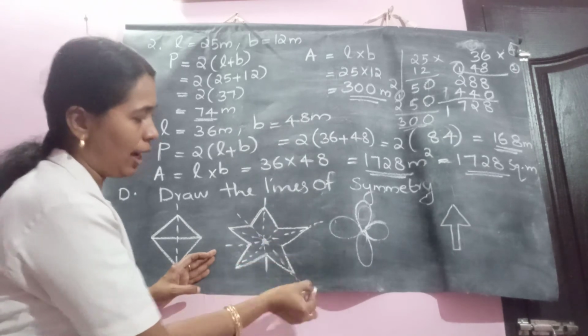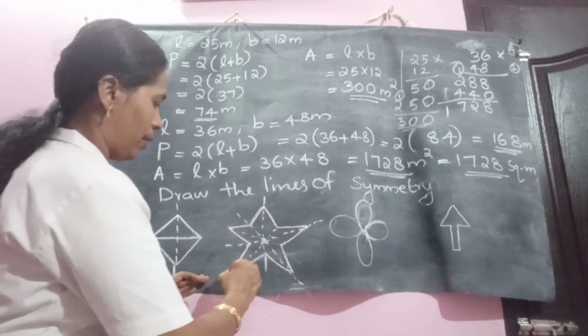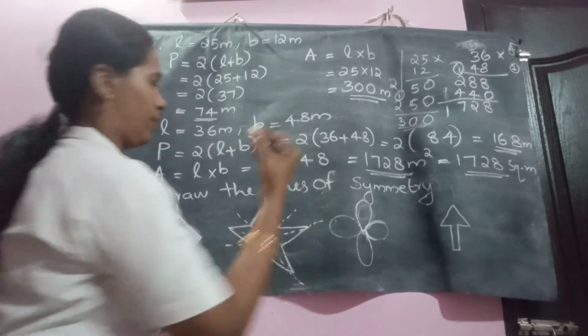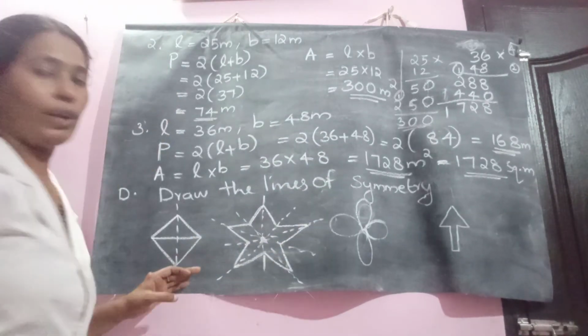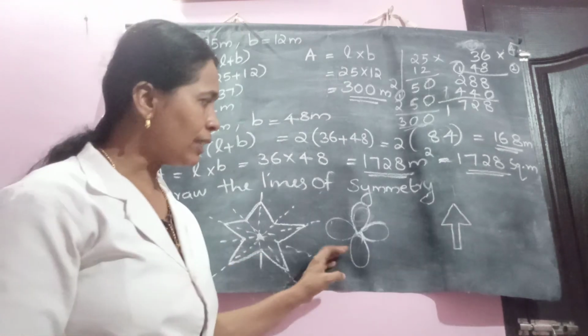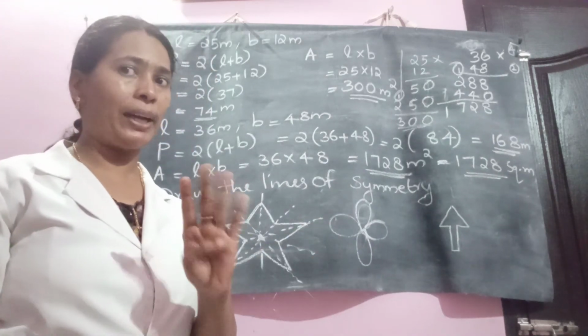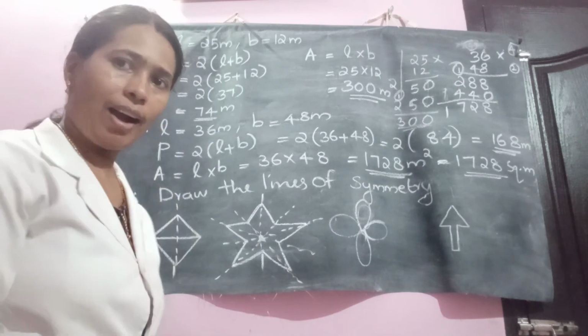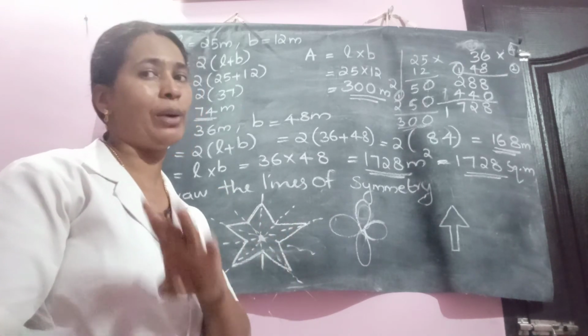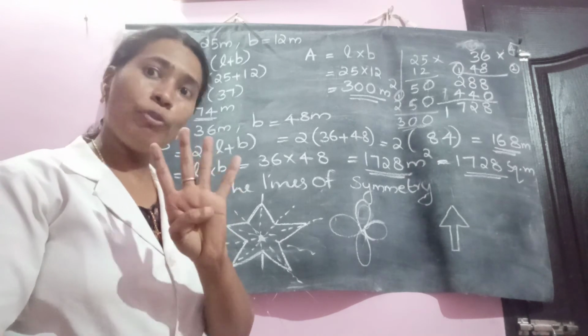Extend a little bit up and down after this also. Like this. 5 lines of symmetry. Next one is petals. 4 petals are given, like flower petals. According to petals we can decide how many. 4 lines are required.